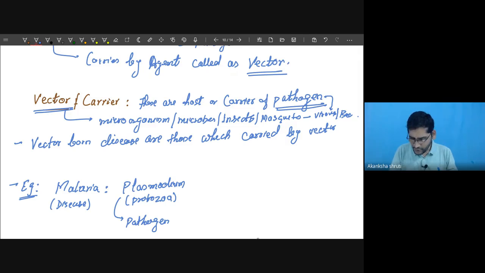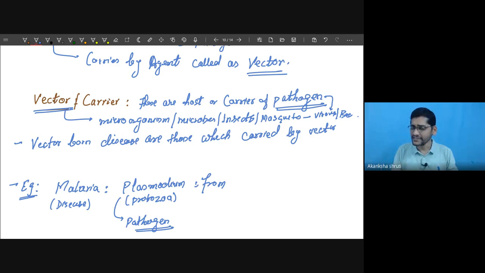But this pathogen is present where? So plasmodium, it is obtained from the female Anopheles mosquito. So the mosquito having the larva or germ of plasmodium that causes malaria.